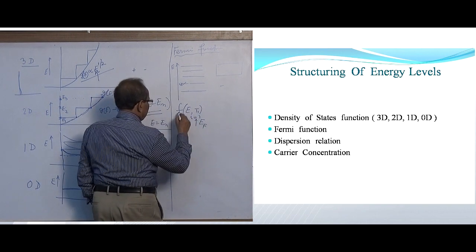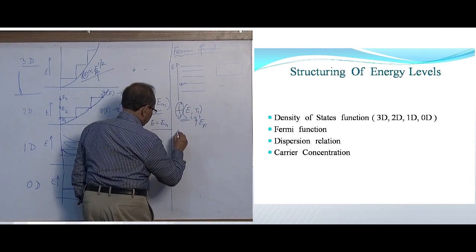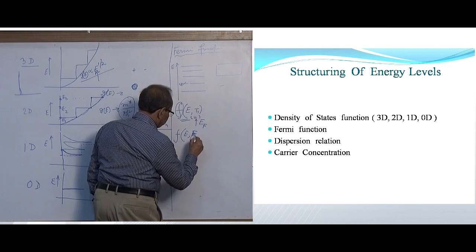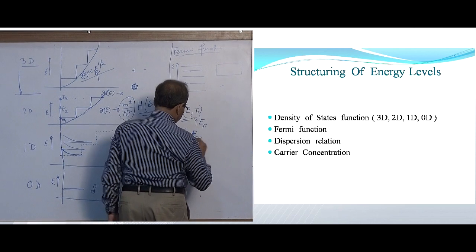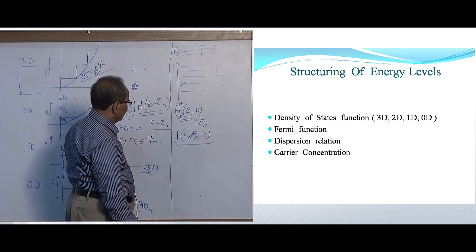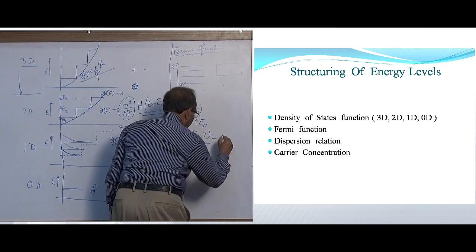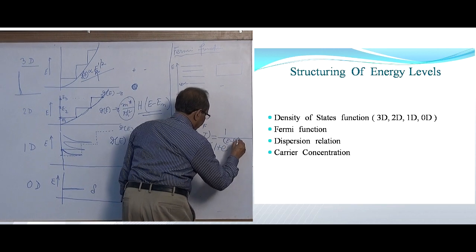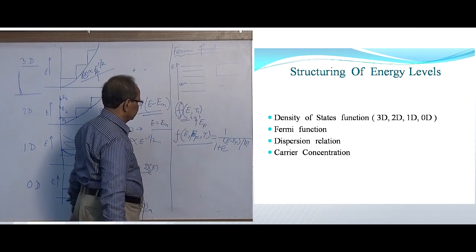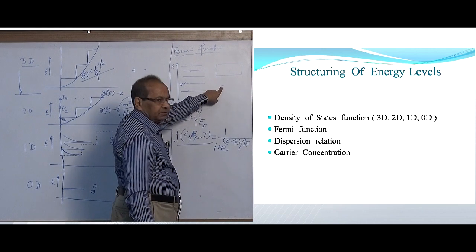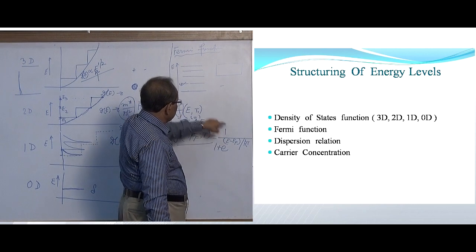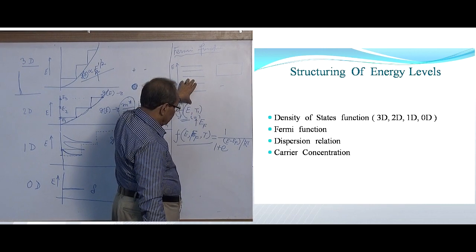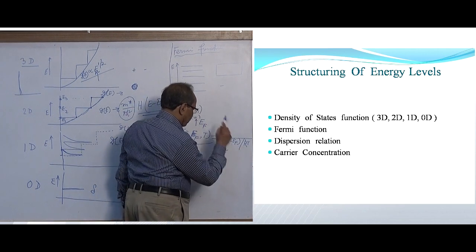So, this is a Fermi function or distribution function, and this distribution function f is a function of E, then EF and temperature, and this is given by 1 over 1 plus e to the power E minus EF by kT, where E is the energy of this electron, EF is a constant energy, the value of which depends upon the material itself, to some extent also on temperature. k is the Boltzmann constant.